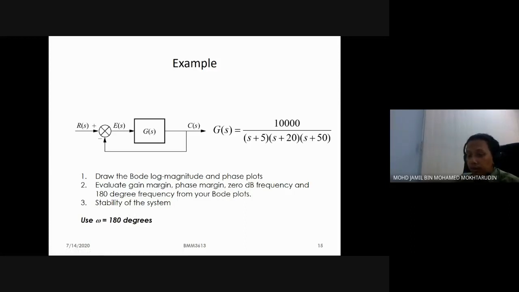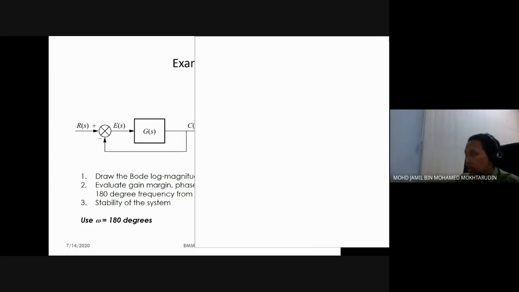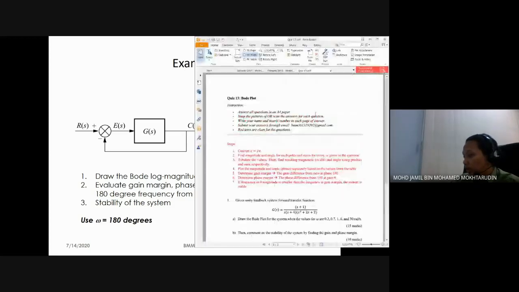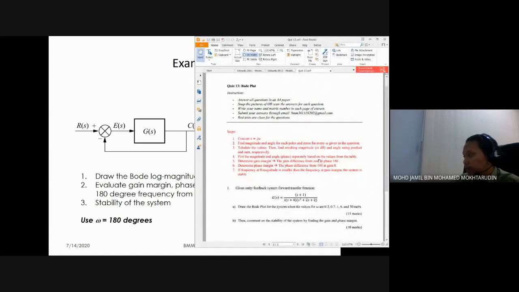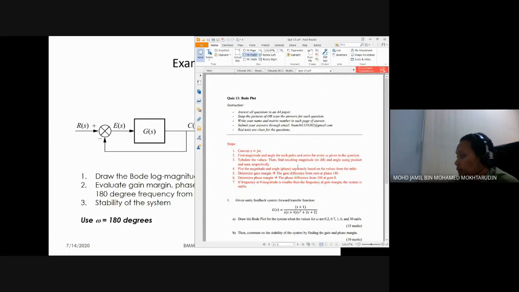If you look at your quiz 13, I already listed the steps required to plot a Bode plot and determine the stability. Just follow these steps, and then you can plot the Bode plot.